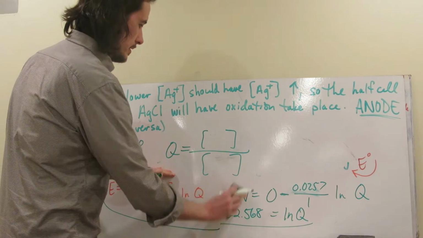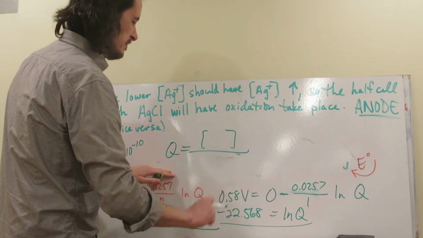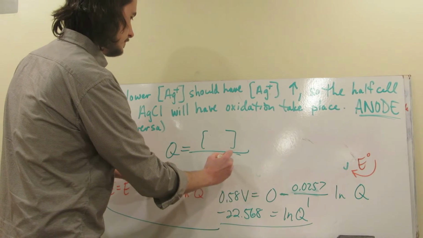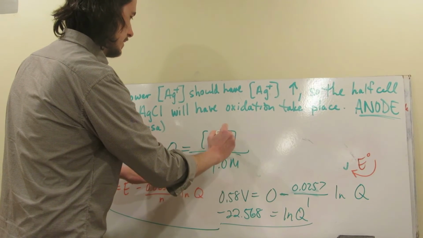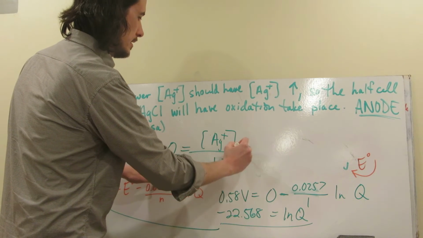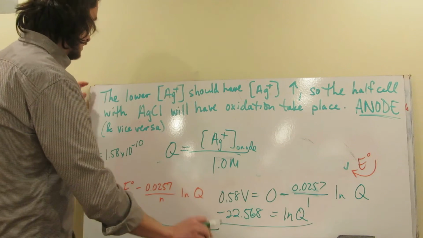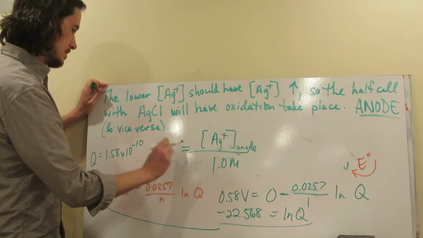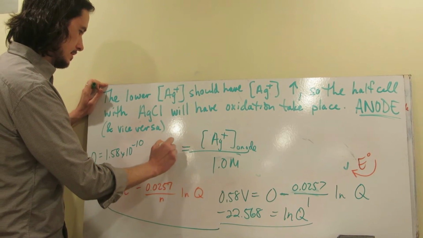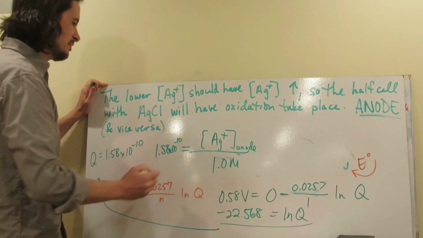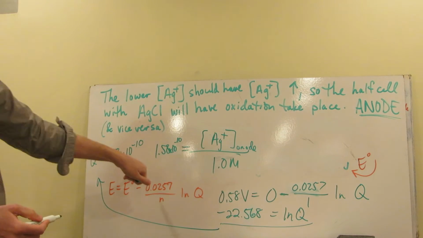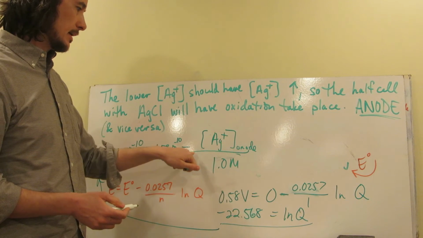So this is 1. This is your Ag plus in your anode. Q is 1.58 times 10 to the negative 10. So now we have the silver concentration.